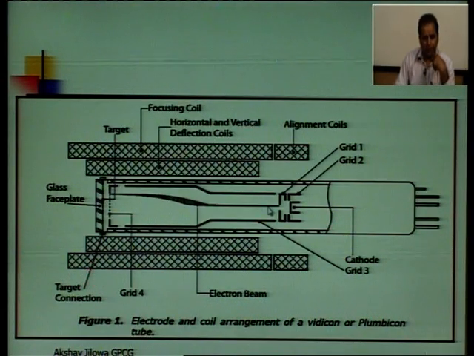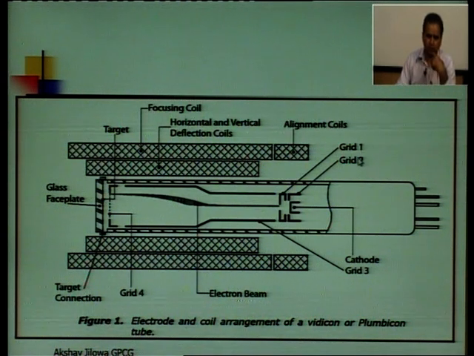So, what does the scanning do? We use an electron beam for the purpose of scanning. This electron beam is generated by the electron gun, and on its journey from the electron gun to the photoconductive layer, it is controlled by different controls.